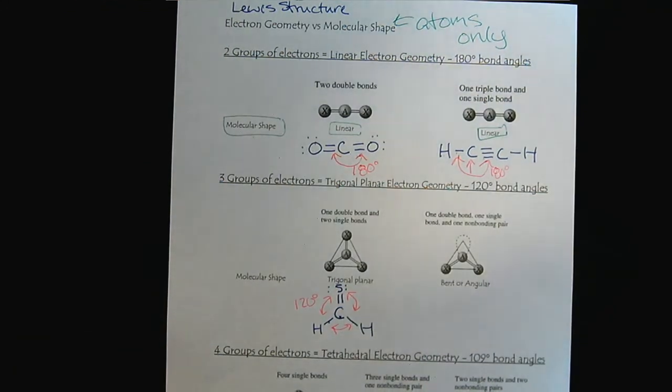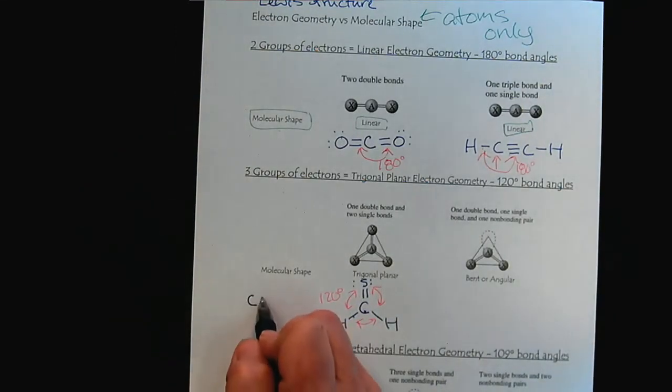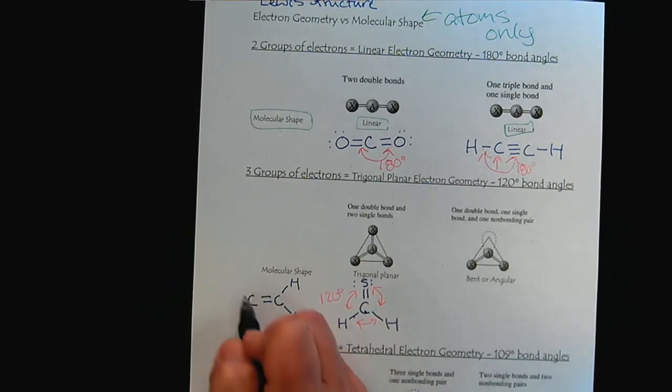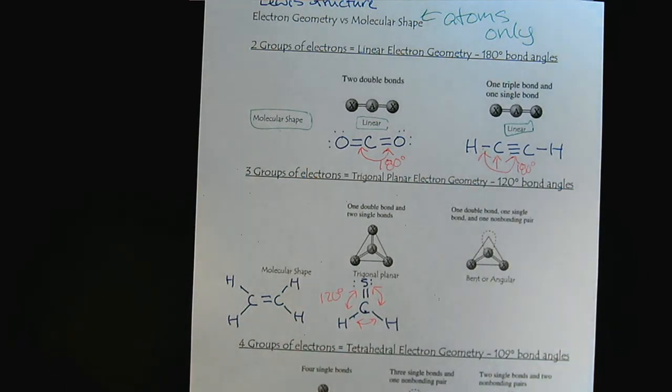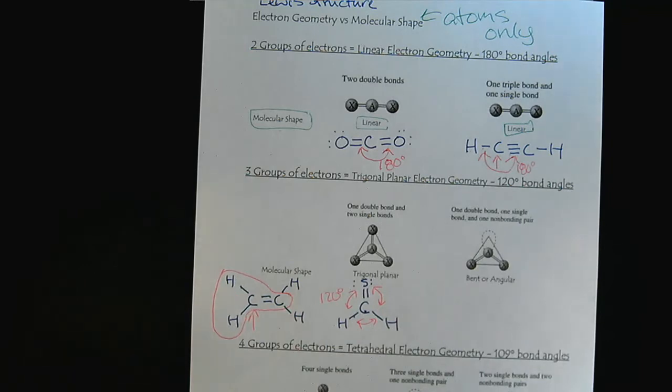Another example, to match our models, I'll do over here, a slightly larger molecule, where we have two carbon atoms. If we focus on the carbon atom on the left as our central atom, that means we're focusing our attention right here. We would see that this central atom is surrounded by three groups of electrons, two single bonds and a double bond.